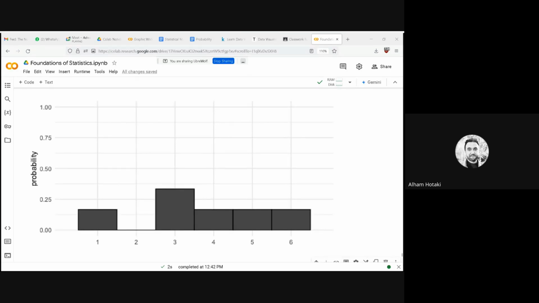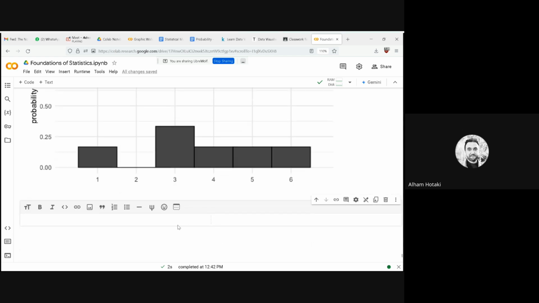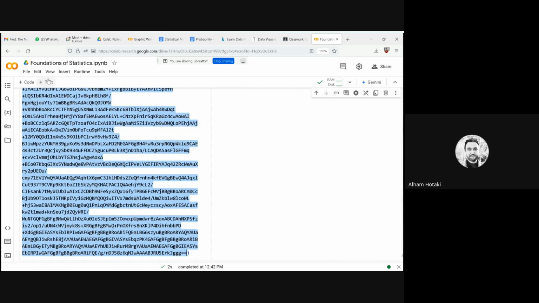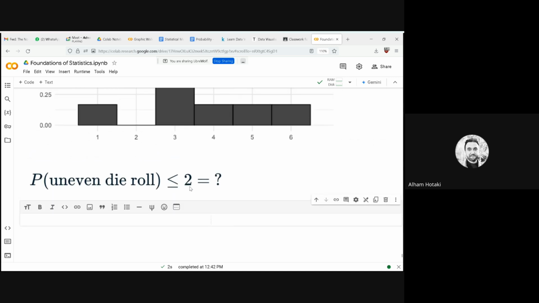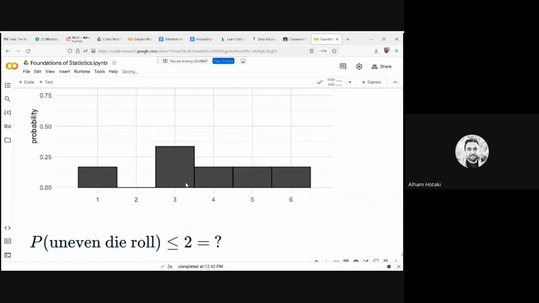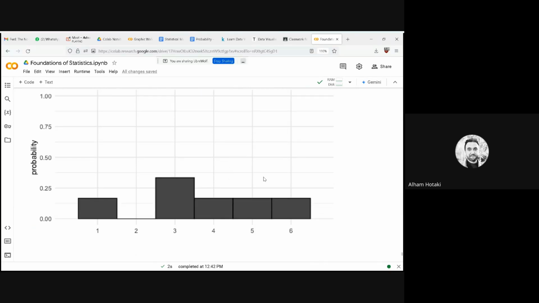Now tell me, what is the probability of an uneven die roll less than or equal to 2? What will be this probability according to this visual of the uneven die? 1 divided by 6. It's 1 by 6. Yeah, same answer.